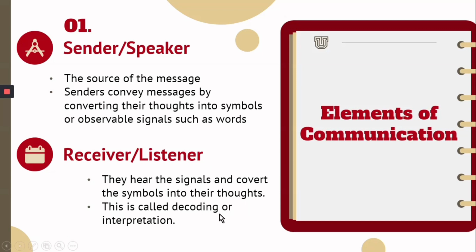The listener is the one responsible for decoding or interpreting the signal of the speaker into thoughts. This way, he or she will be able to understand the message of the speaker. As mentioned earlier, while you are watching this presentation, communication occurs. Right now, I am the speaker, you are the listener, and the words that I am saying are the signals that you are decoding or interpreting.